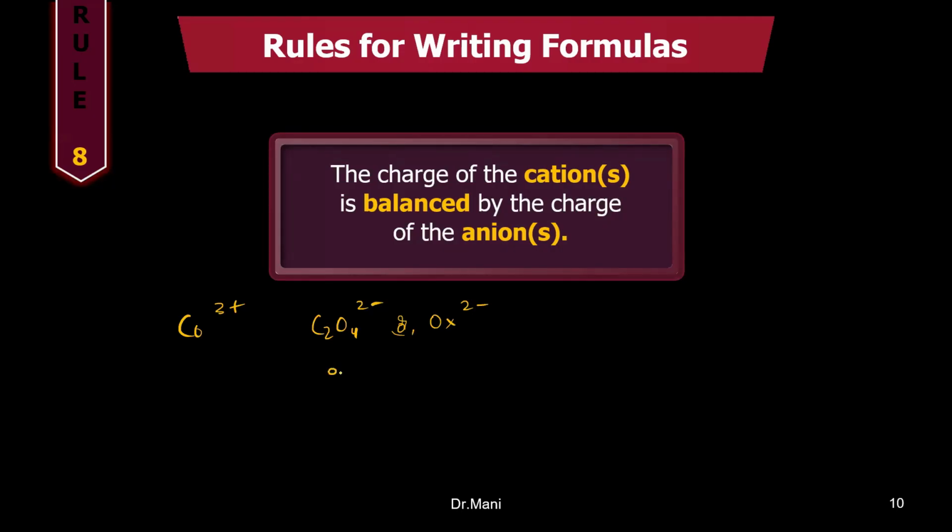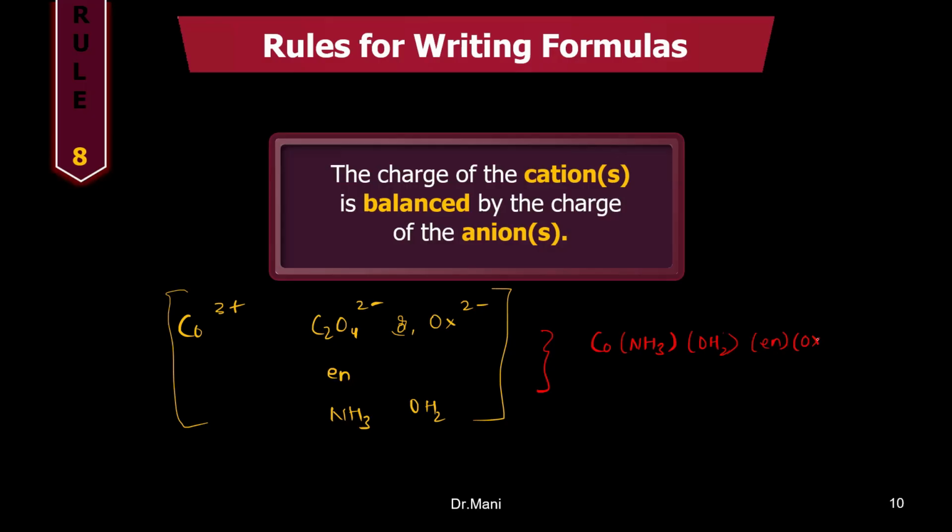En is neutral. Ammonia is neutral. A water molecule is also neutral. Now, if I write a compound using these, let's take cobalt, NH3, H2O, en, ox, which is an oxalate.